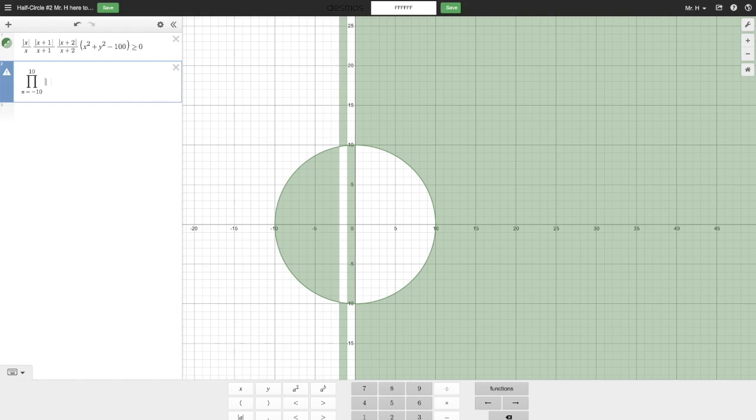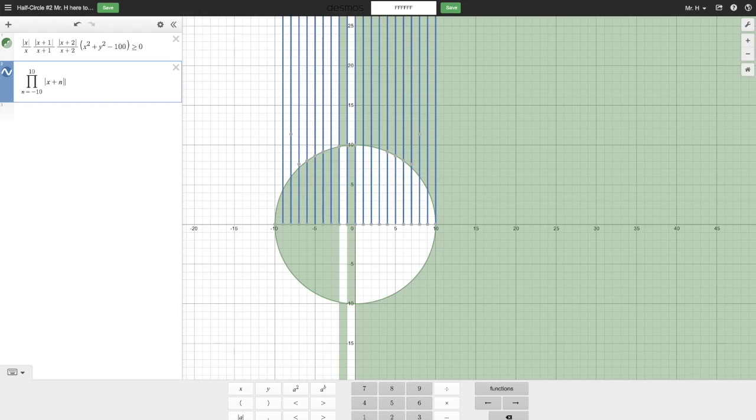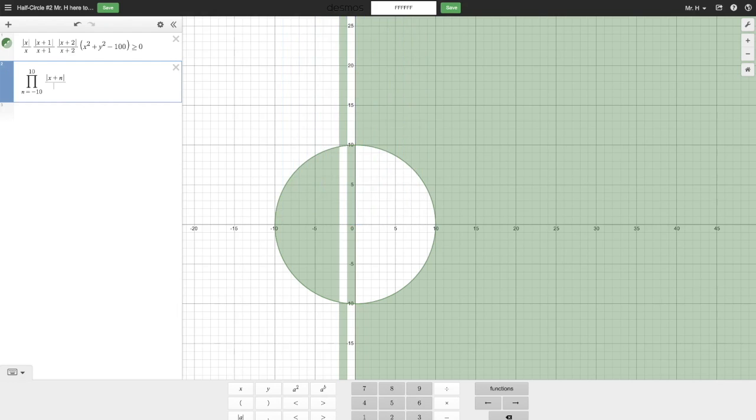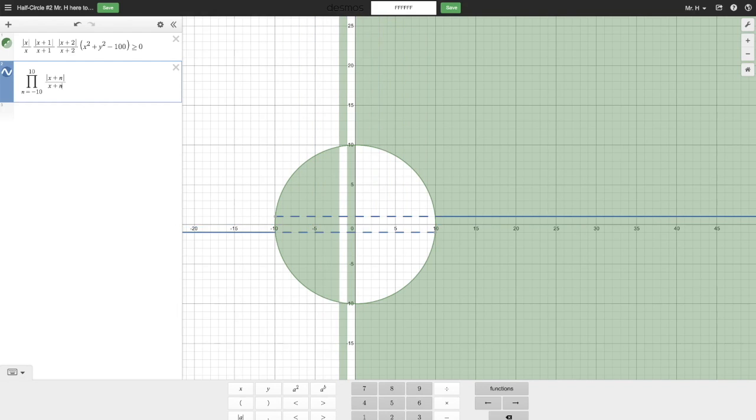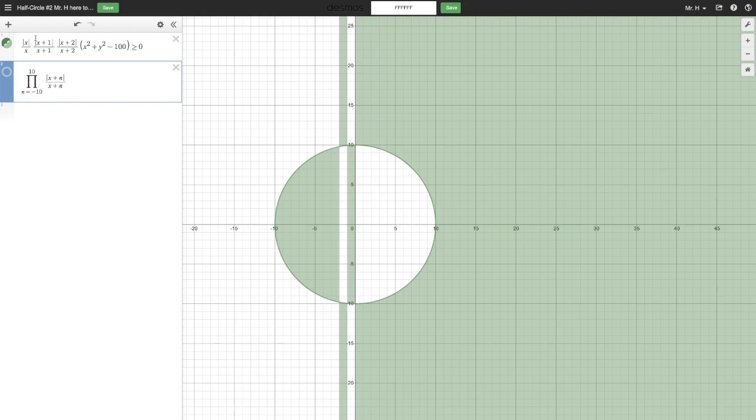So we can just say x plus n, let's do that, and then divided by x plus n, top one being in our absolute values, the bottom one not being in our absolute values. Let's shut this off until we're sure we've got everything set up. So this is all 21 of these multiplied together as a product.